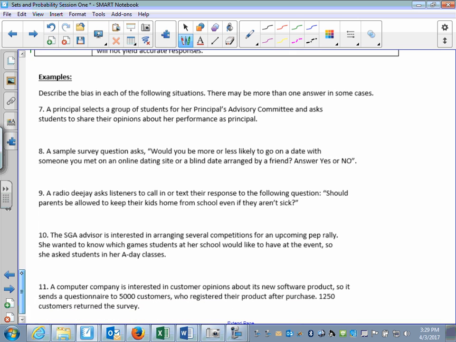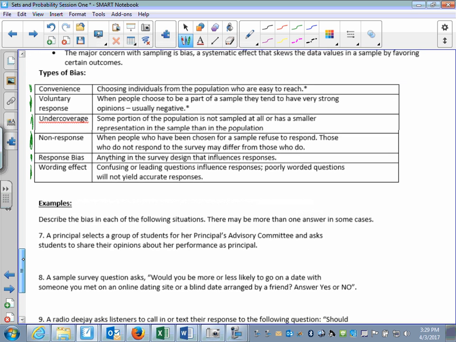Now we've got some examples here. Describe the bias in each of the following situations. There may be more than one answer in some cases. A principal selects a group of students for her principal's advisory committee and asks students to share their opinions about her performance as a principal. Well, let's see here.